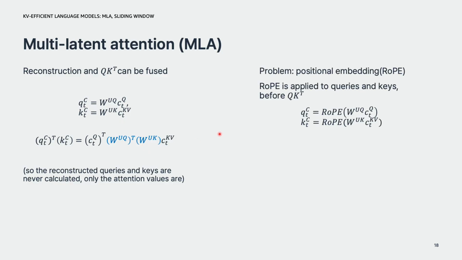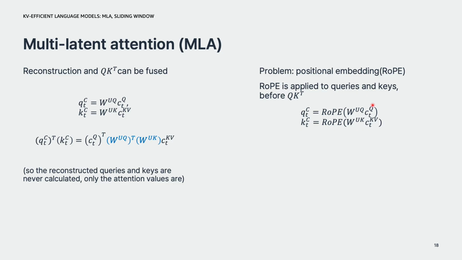So this is definitely awesome, but there is a problem. This fusion is incompatible with the positional embedding RoPE. In this talk, I won't go into detail about RoPE, but what it basically does is encode a positional value for queries and keys.